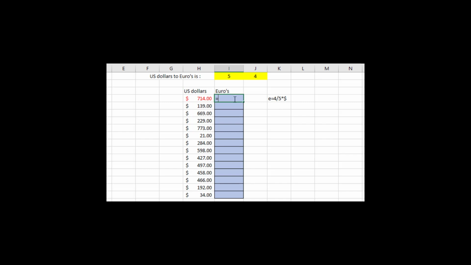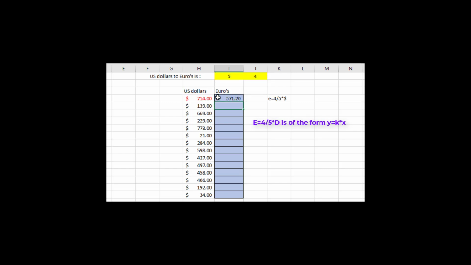So we have euros equals, and we can use these up here, 4 lock divided by 5 lock times that amount of dollars, 714.